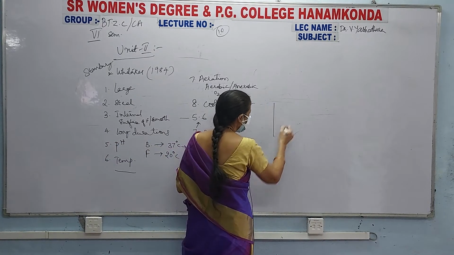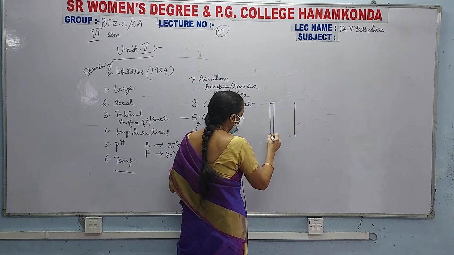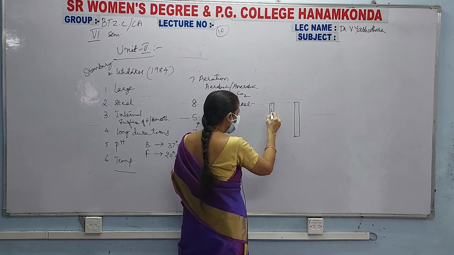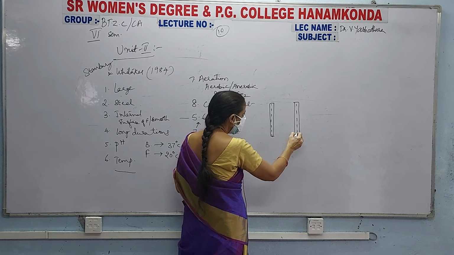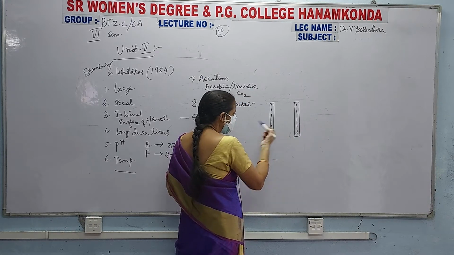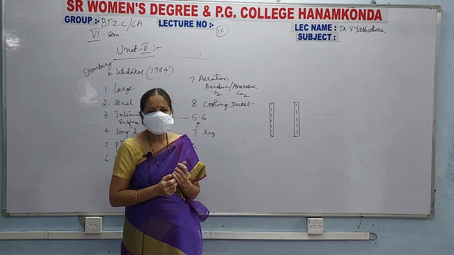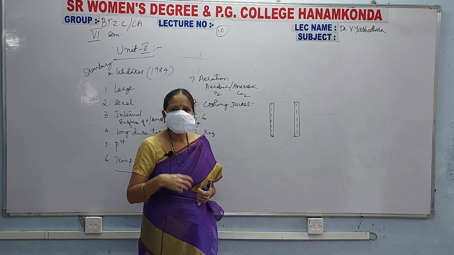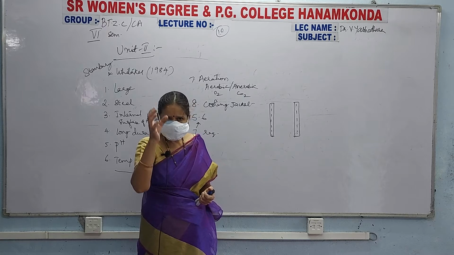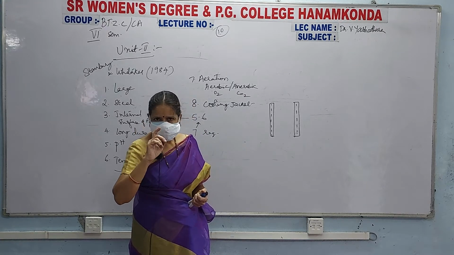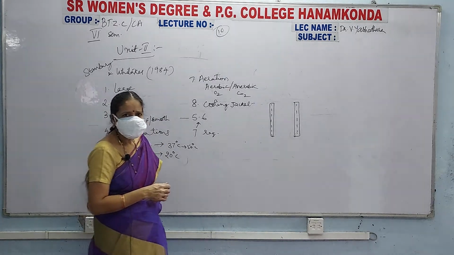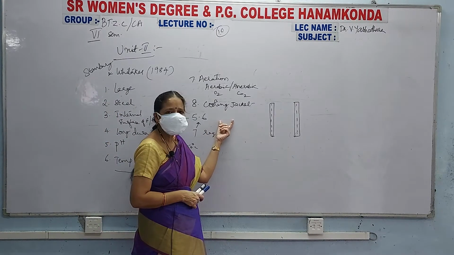Suppose this is your fermenter, this fermenter is equipped with a cooling jacket. In this the water will be moving continuously, so that it will lower the temperature. It will not allow the temperature to increase in the fermentation unit because of the presence of this cooling jacket.